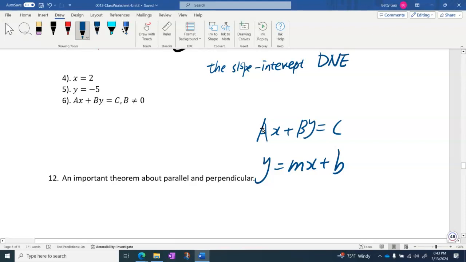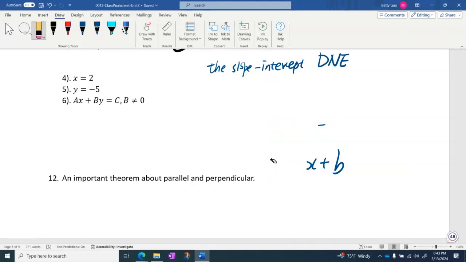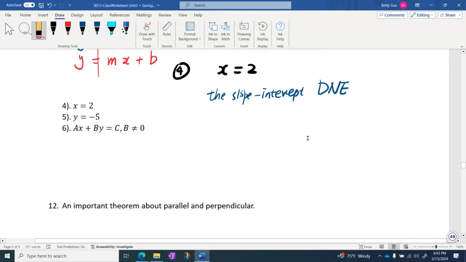It applies to all linear equations in two variables. That's why we define linear equations in two variables using standard form. Slope-intercept form is very good, but it does not apply to vertical straight lines because the vertical line does not have a slope. Okay, that's number 4.